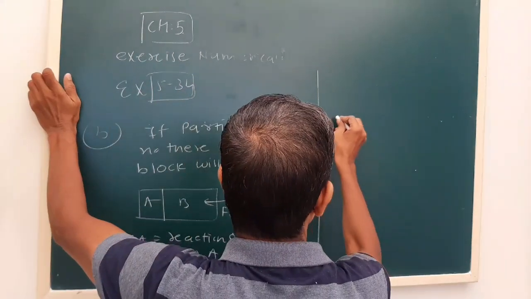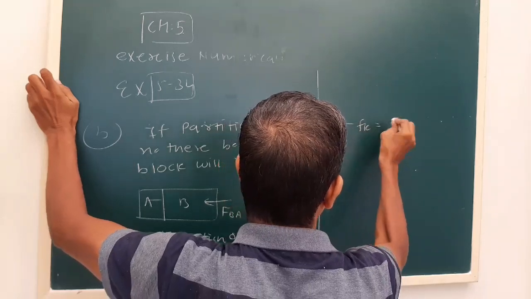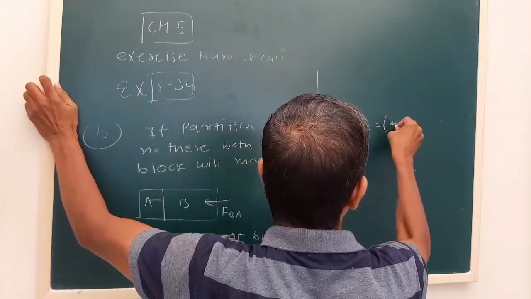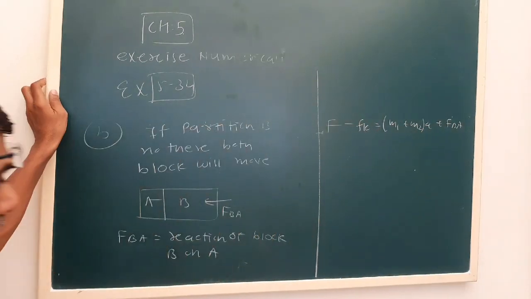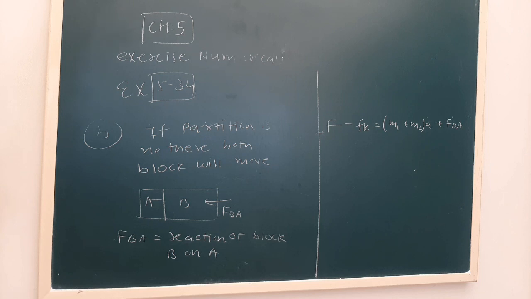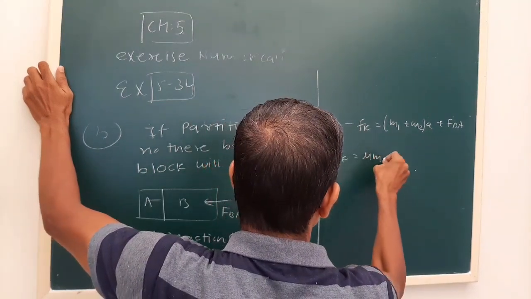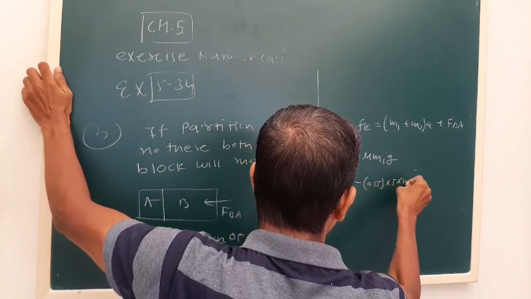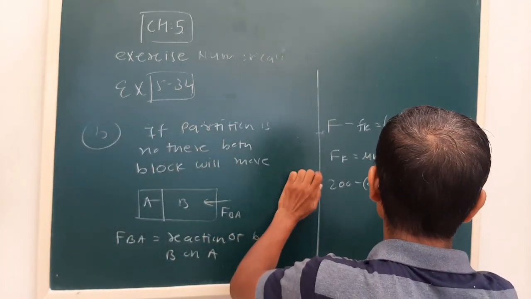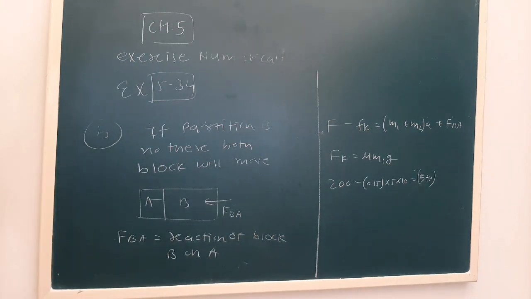So in that case, how will the equation change? It will be F minus Fk equal to m1 plus m2 times a, with FBA. That is the reaction. Now Fk is mu into m1 into g. So 200 minus 0.15 into 5 into 10 is equal to 5 times the acceleration, plus FBA. The acceleration we have obtained is 11.83.